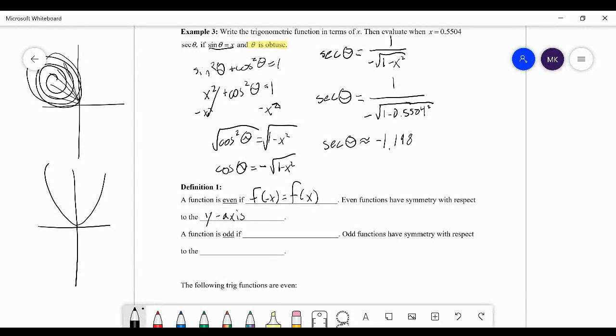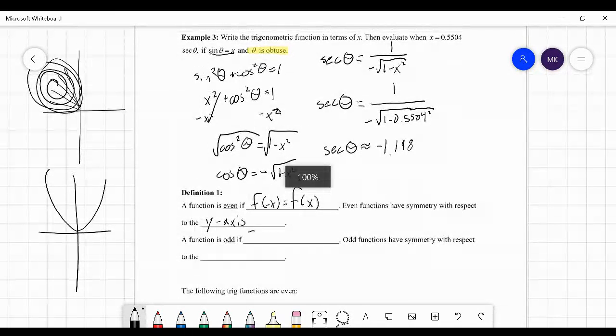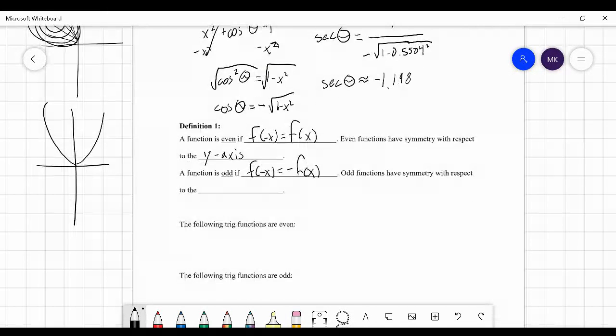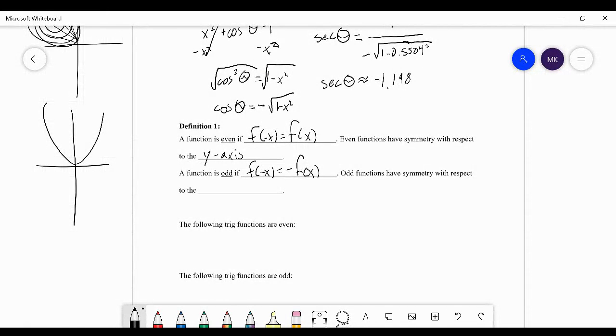Okay. And we have odd functional symmetry if f of negative x is equal to negative f of x. Okay. And we say that in this case, odd functions have symmetry with respect to the origin. Okay?